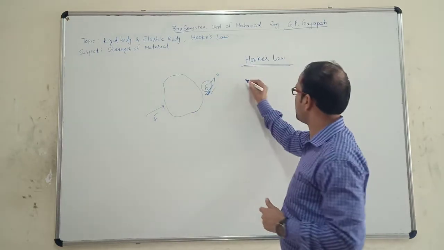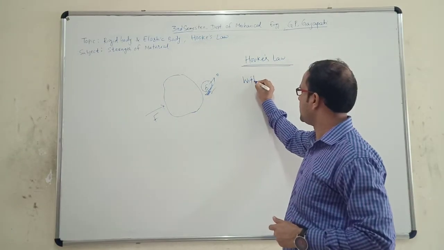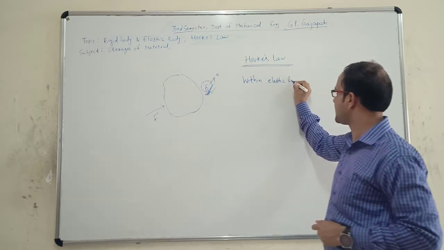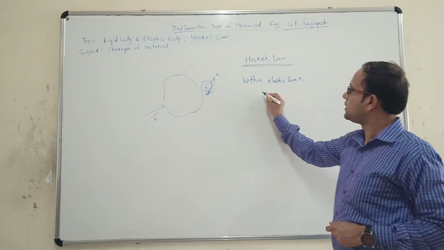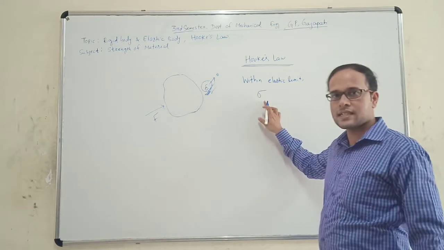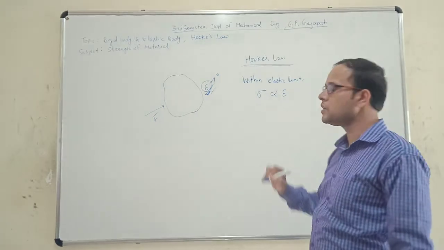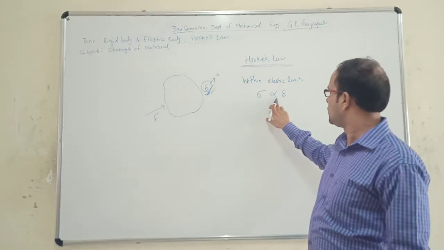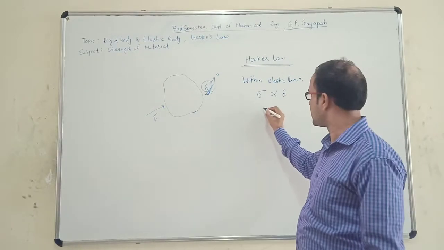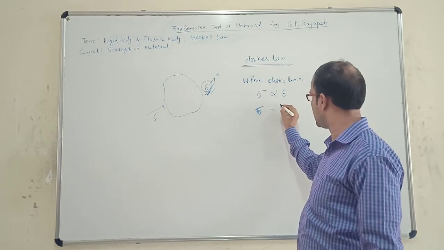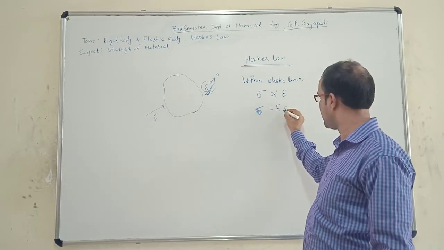What does Hooke's law say? Within elastic limit, stress, we are representing stress as sigma, is directly proportional to strain. To omit this proportionality constant, we can take sigma is equal to capital E into epsilon.